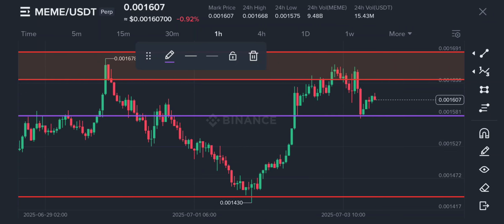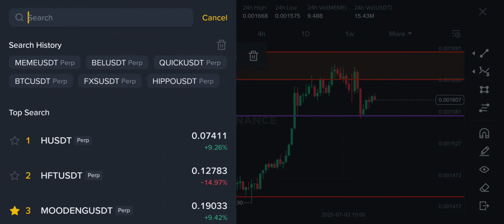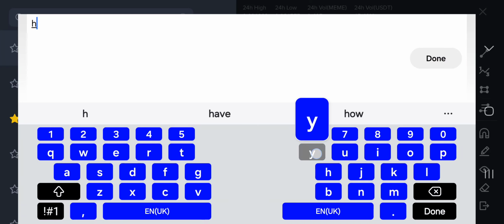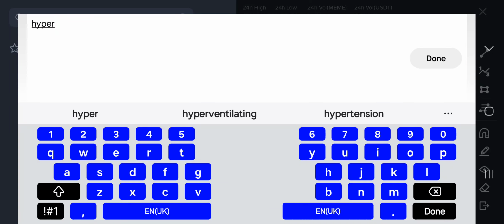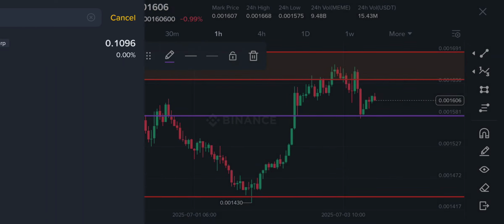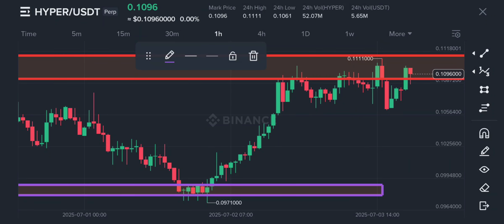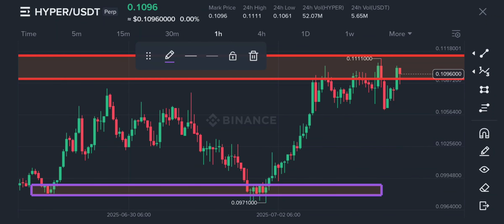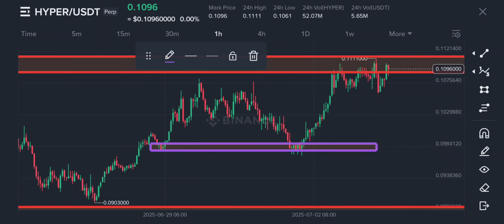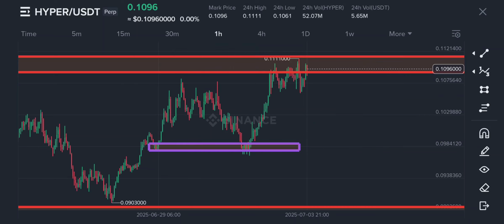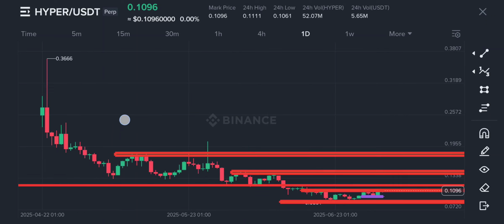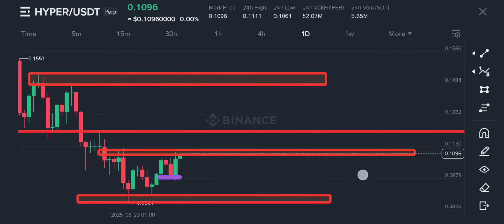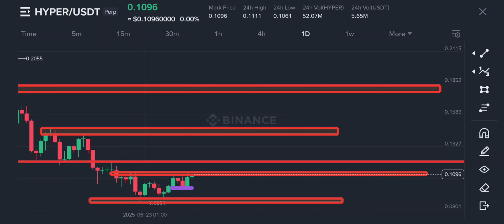So first let's move to Hyper. I already marked out areas of interest on Hyper. So on Hyper, this is what we have. I think I already marked out these areas on Hyper.